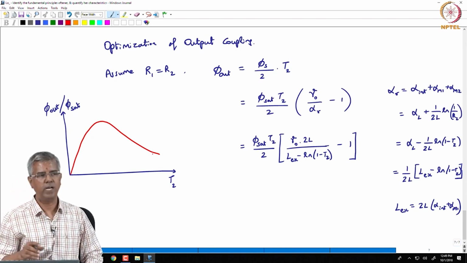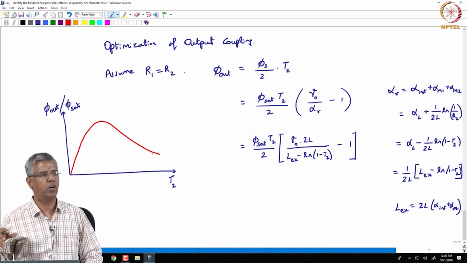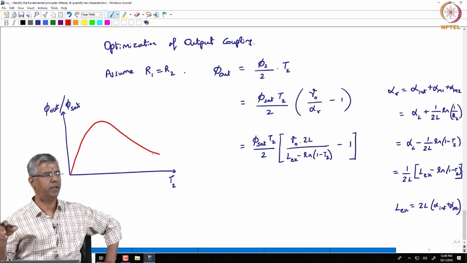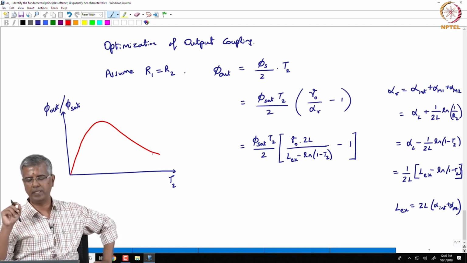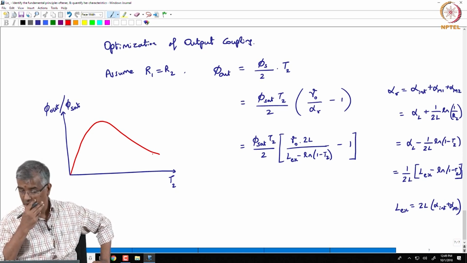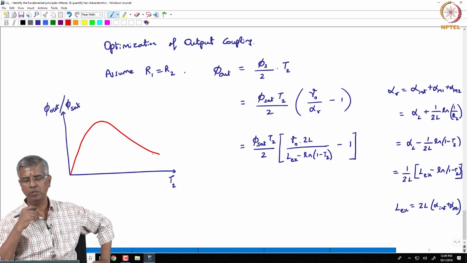Right. At small values of T2, whatever is in the denominator is negligible. T2 does not have that part, you can neglect it, and so the output flux is proportional to T2.